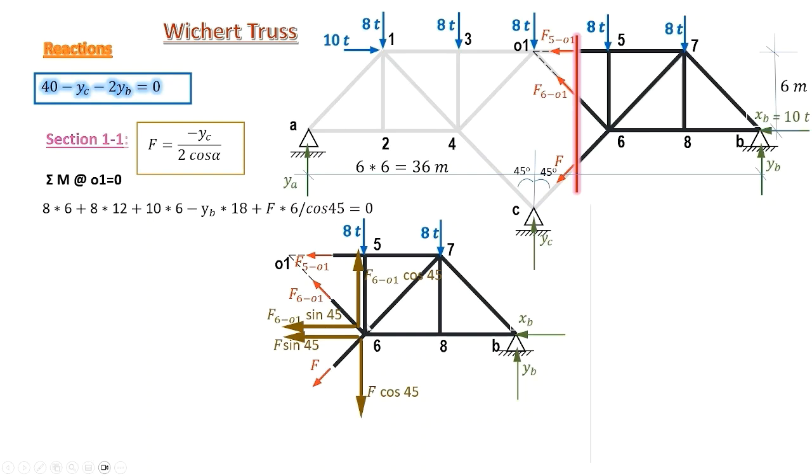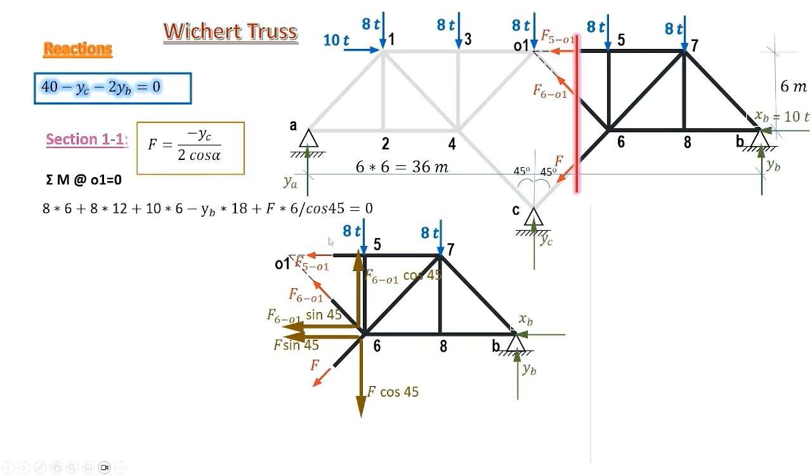The force F is taken as it is in its position without its analysis, and therefore the arm is the perpendicular from O1 to the force F, which is really the distance O1 to 6.